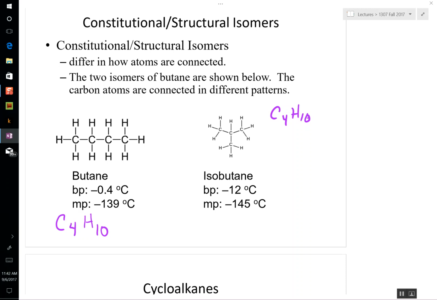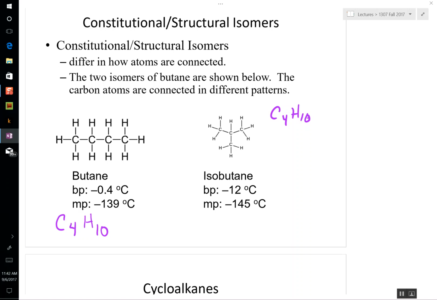Propane, the longest chain, 1, 2, 3. 2-methylpropane, right? You apply the IUPAC rules, find the longest chain, 3 carbons long. Parent name is going to be propane. It has one substituent on it, on the second carbon. Oh. It's 2-methylpropane.